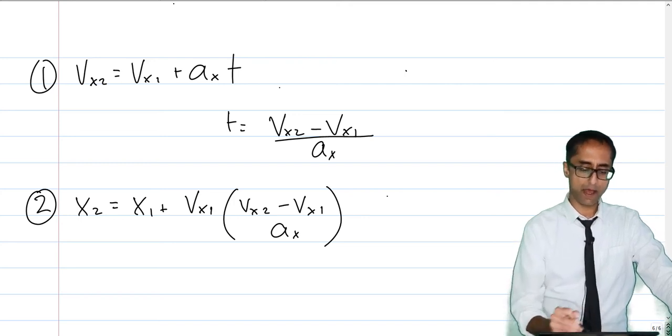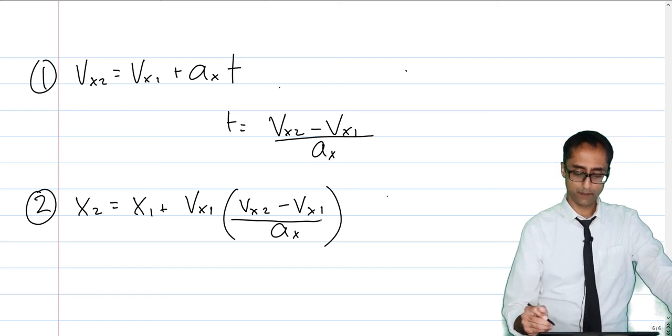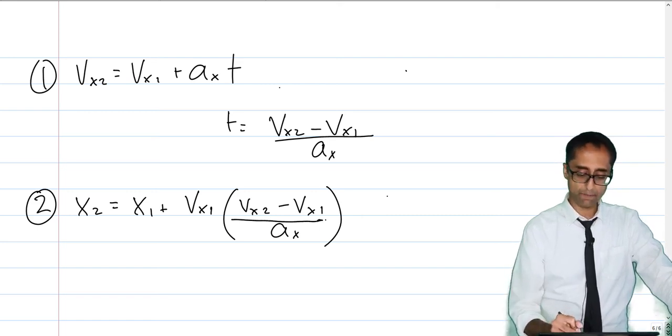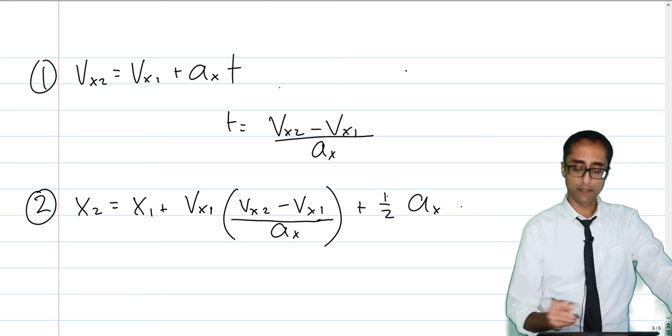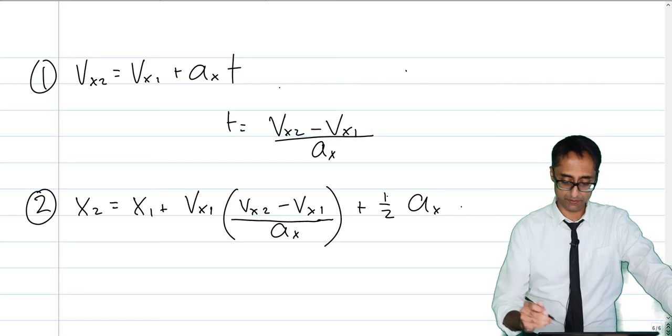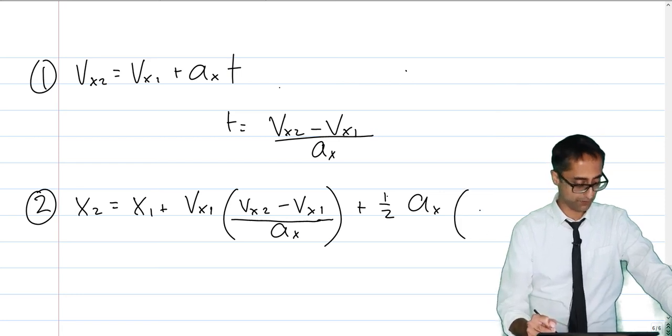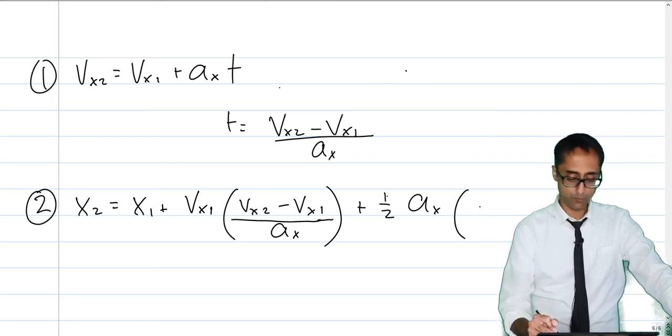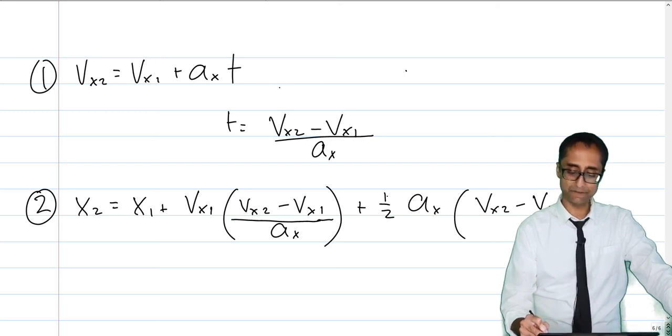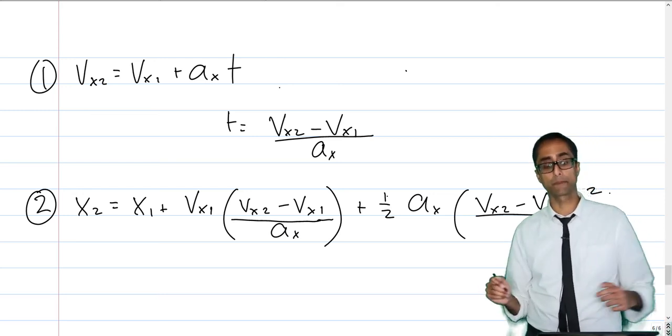And finally we have our last term, which was our 1/2 times acceleration times t squared this time. And so even more difficult here, we have Vx2 minus Vx1 all divided by Ax, and this is a squared term.